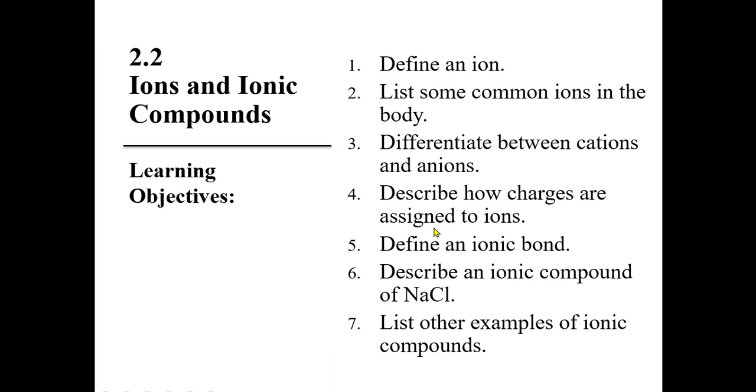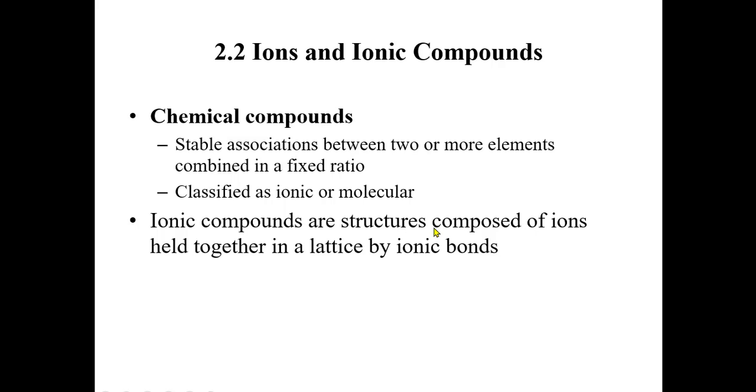Now, we're going to have different kinds of compounds. First you need to know what an ion is. An ion is a charged element. So if I had hydrogen by itself, just one H only, then it would have a +1.